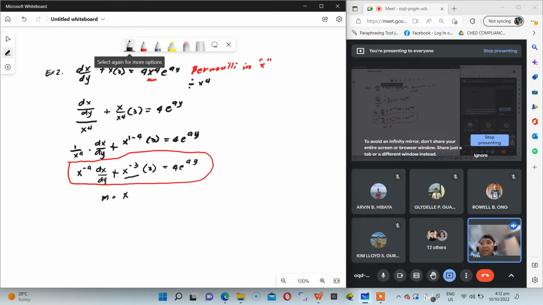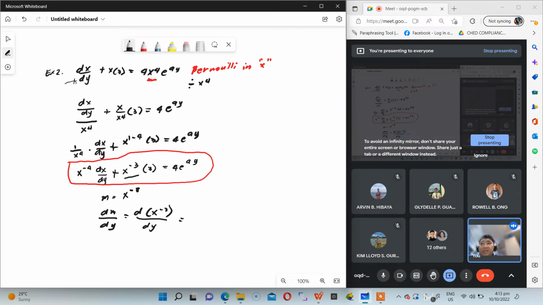So x raised to the power of negative 3. So from there, you need to derive it. Ang sa man with respect to y na. Okay, dili na x. So that is dm over dy equals derivative of x raised to the power of negative 3 over dy.